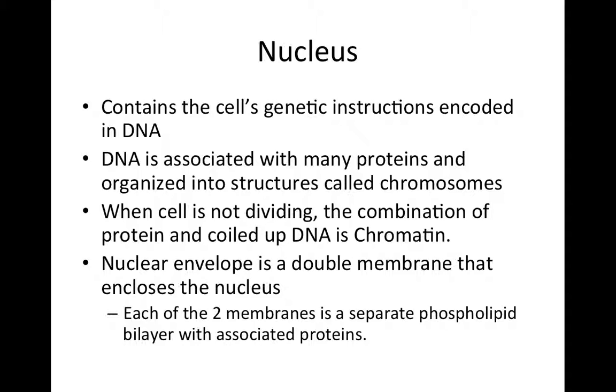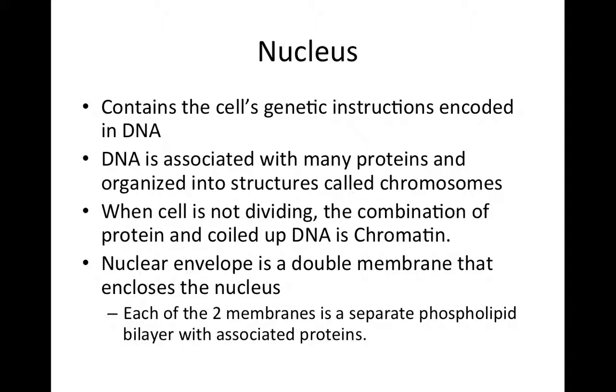DNA, anytime it's associated with proteins, we can call that structure a chromosome. But specifically when the cell is not dividing, and again is at rest, the combination of the proteins that coil up the DNA and keep it together, this structure is called chromatin. Okay?